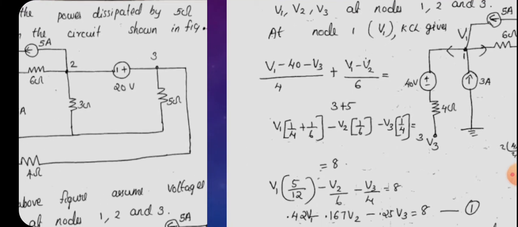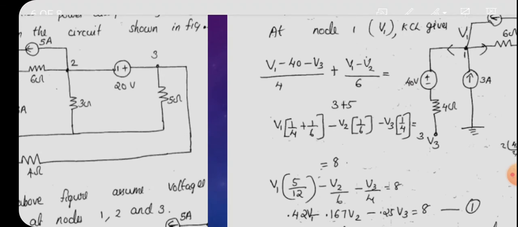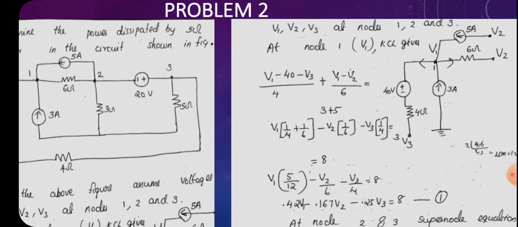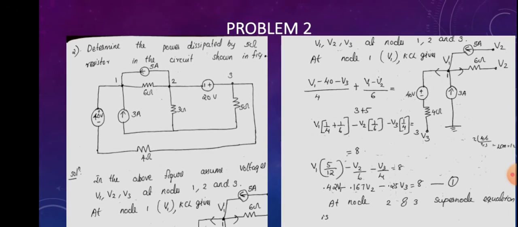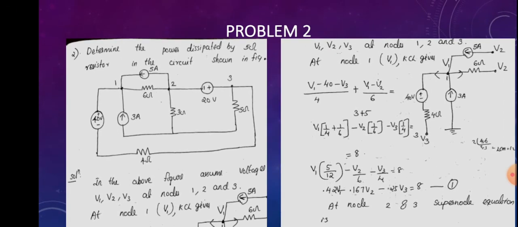You can see, first of all, it is somewhat difficult to draw the node 1. You can compare the circuit diagram given in the question and the node 1 diagram. See, in the node 1, 40 volt battery is connected, one end is connected to node 1 and other end is connected to 4 ohm resistor, but that 4 ohm resistor is then connected to node 3.